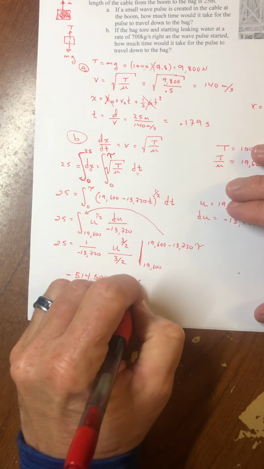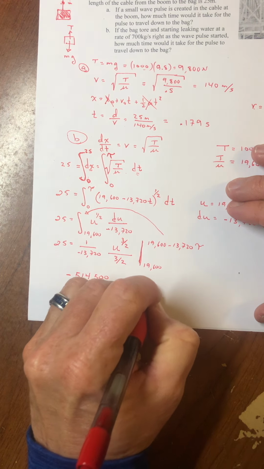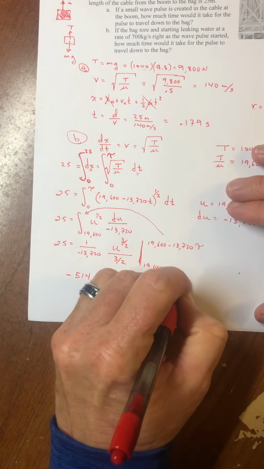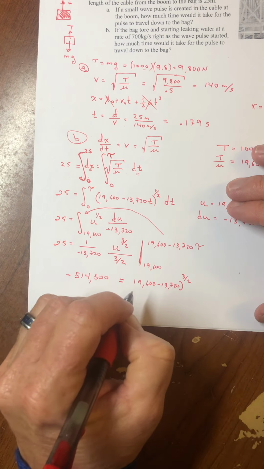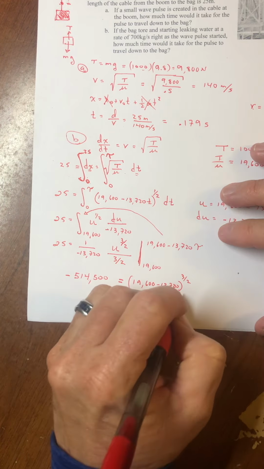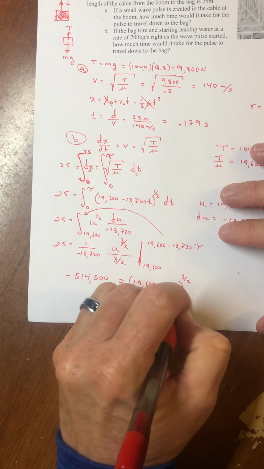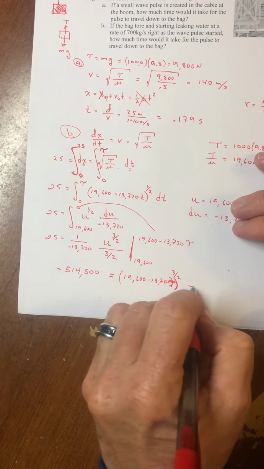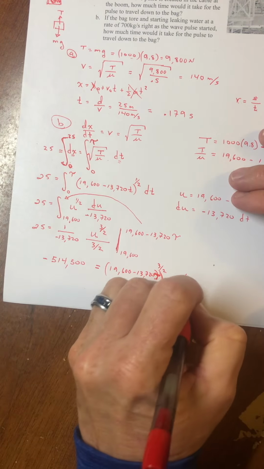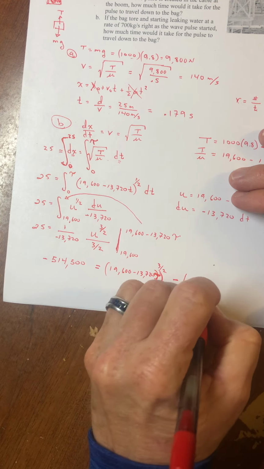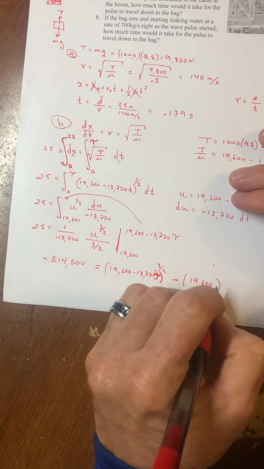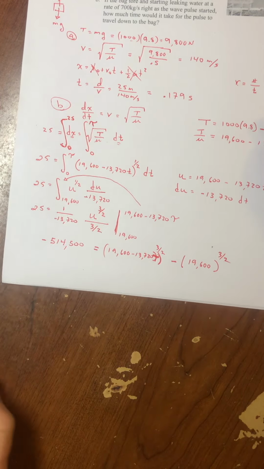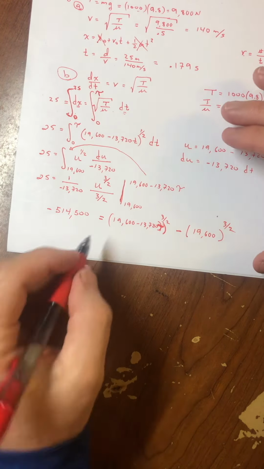So this would be 19,600 minus 13,720 to the 3/2 power. Oh, shoot, I forgot to put the little tau in there. Tau to the 3/2 power. Minus 19,600 to the 3/2 power. Okay.